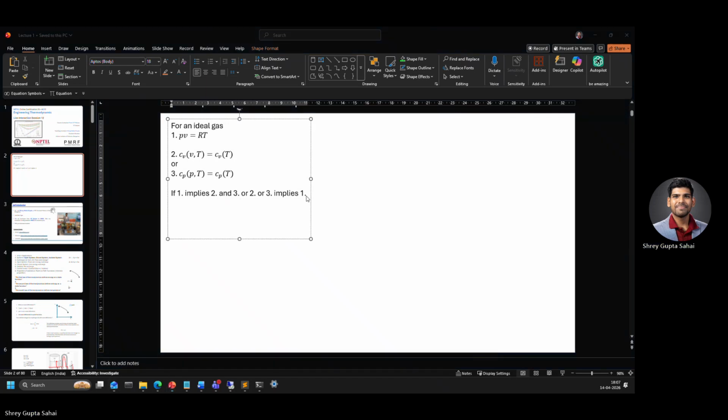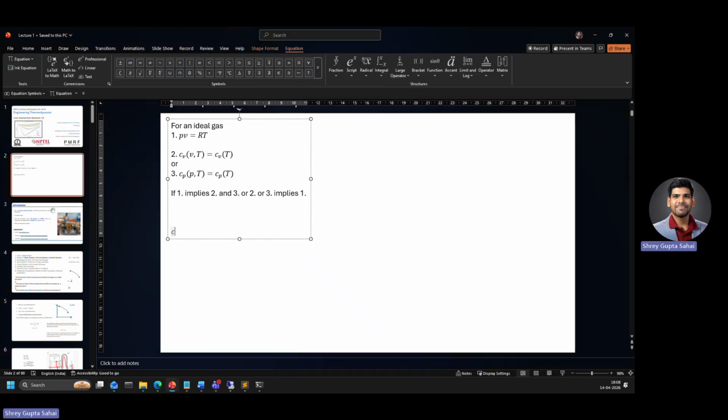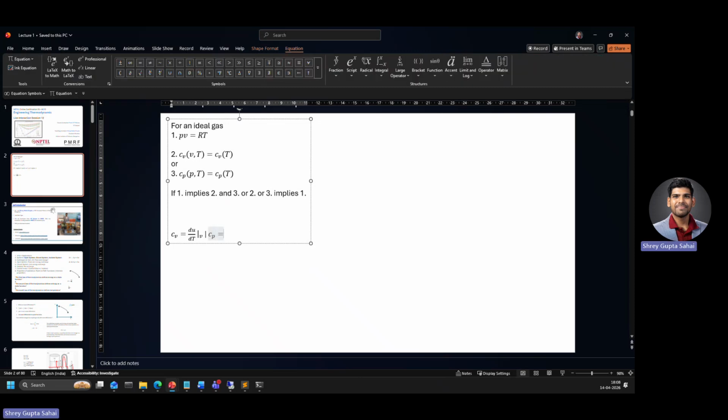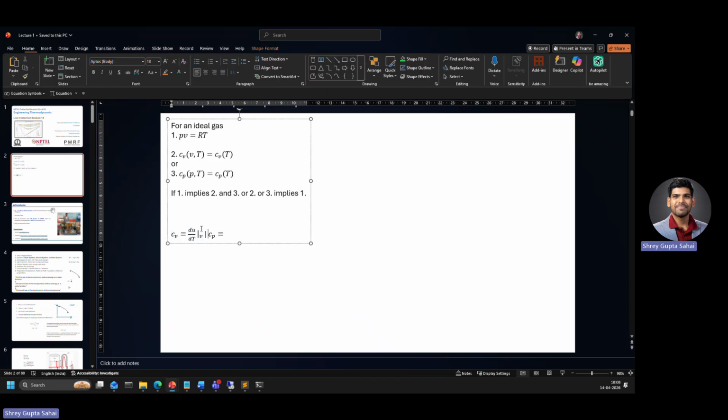Cv is du by dt at a constant volume, isn't it? Whereas Cp is defined as, again, I use this word, this is important actually, people can easily get confused, this is actually a definition, mind that, dH by dt at a constant P.